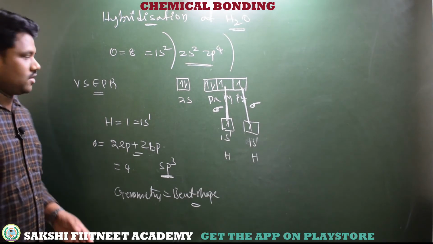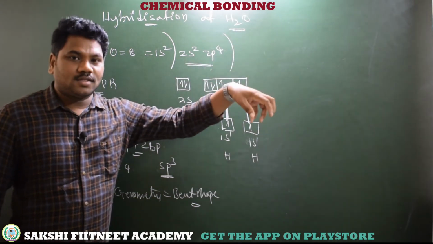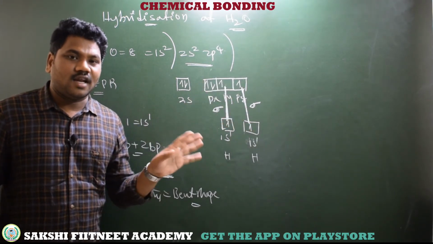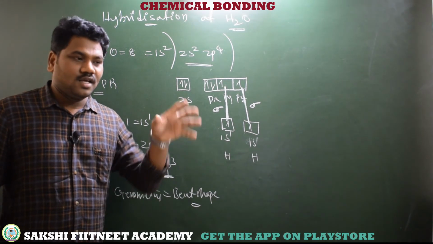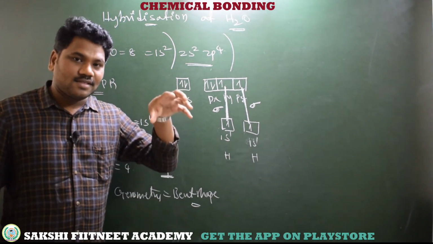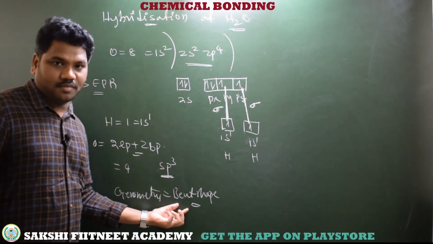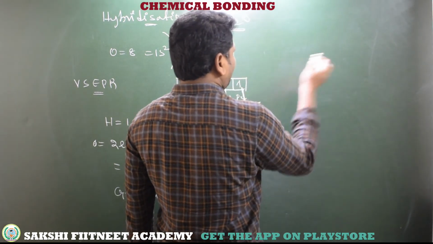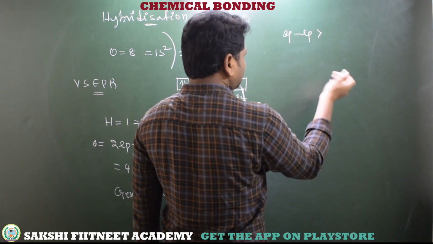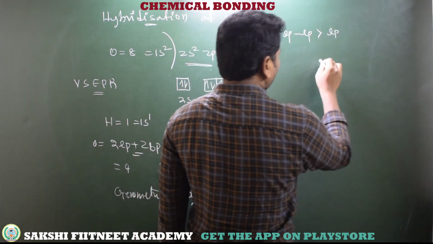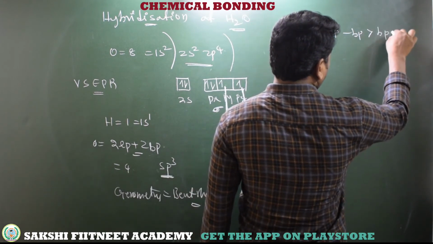According to valence shell electron pair repulsion theory, when the central atom has lone pairs as well as bond pairs, there is repulsion between lone pair and lone pair, lone pair and bond pair, and bond pair and bond pair.